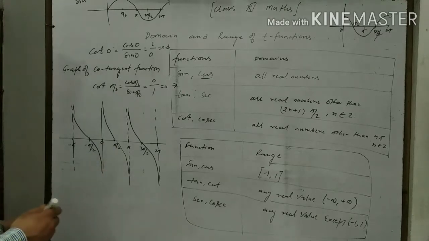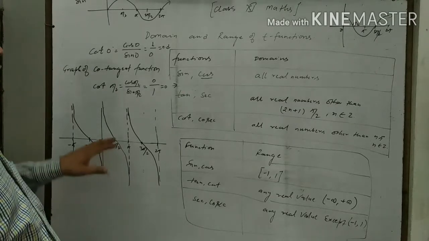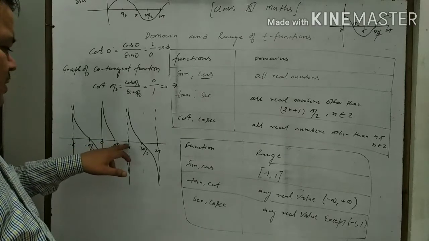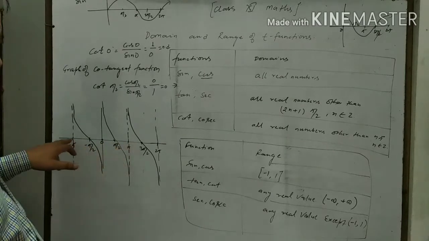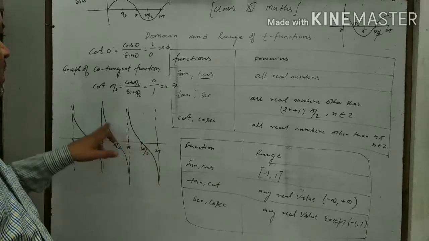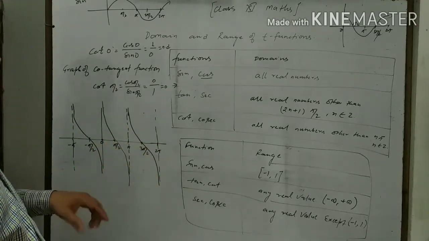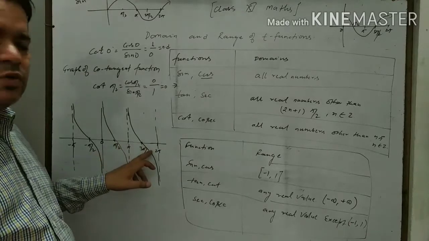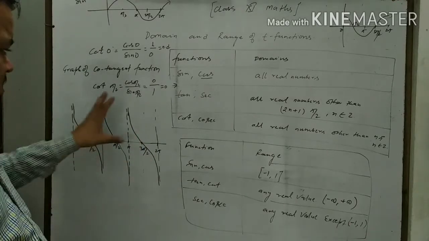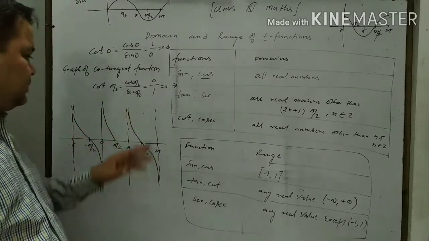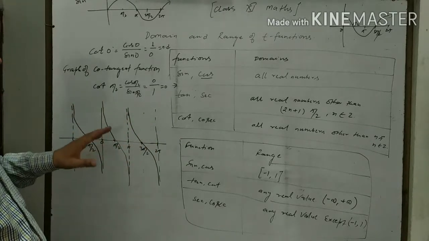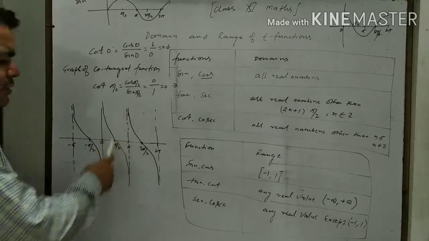It means the value of cotangent at 0 degree, at pi, at minus pi or 2 pi is not defined, but at odd multiples of pi by 2, its value will be 0. If we just join the dots at the different values of angle, then we find this type of graph.